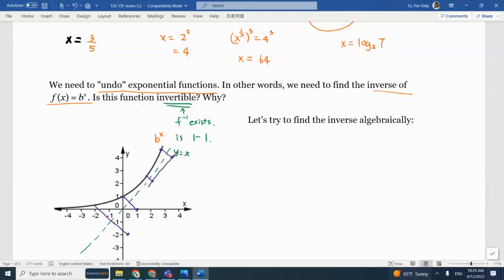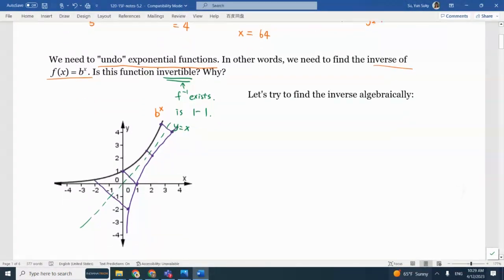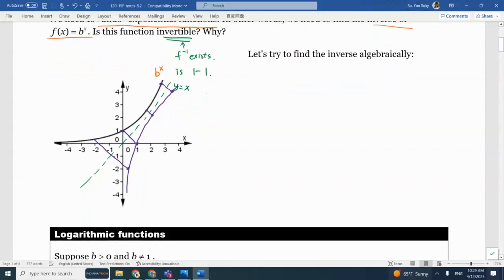And then you connect those points together. You get this graph is the inverse function. Is that okay, everybody? Yes. So now let's try to find the inverse algebraically. So you have y equals b to the x.